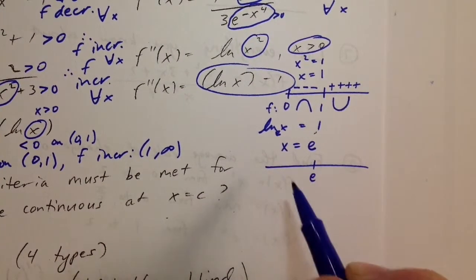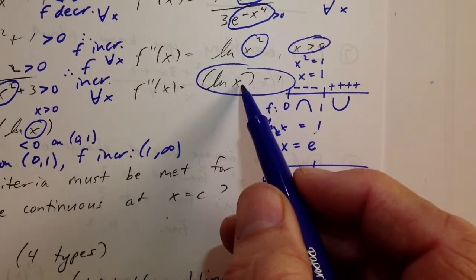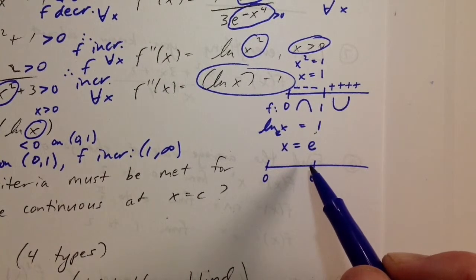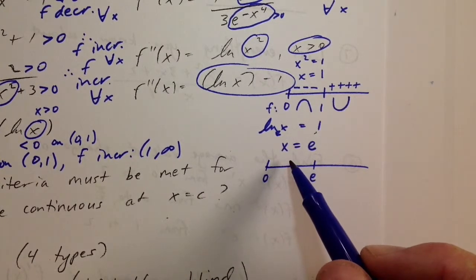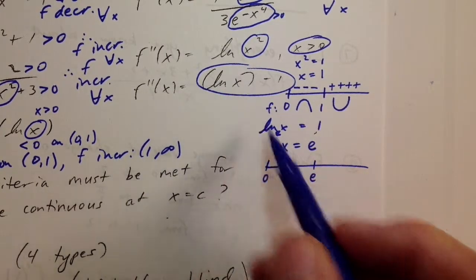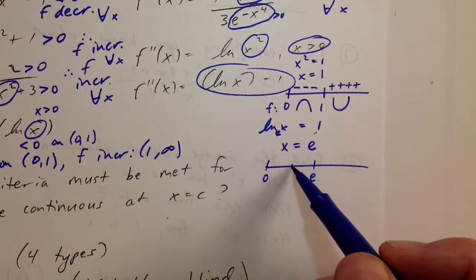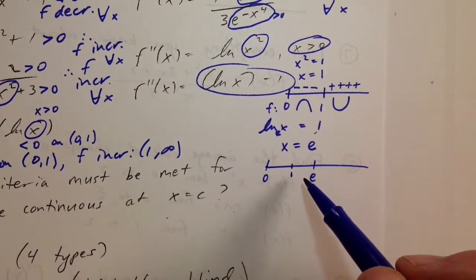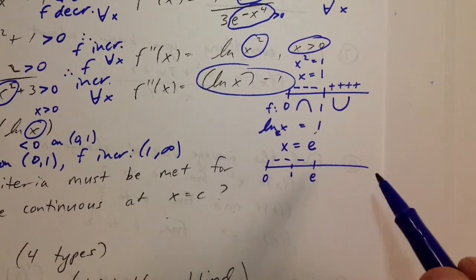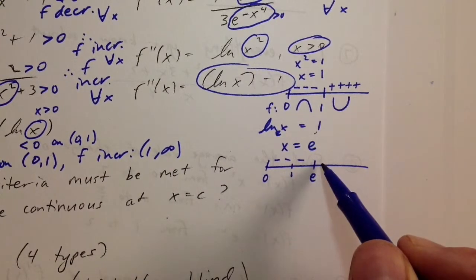If I put an e there, x has to be greater than 0 if you look back at the second derivative here. So in between 0 and e, I get a number that is less than 1. And so if I replace, let's say, x with 1, because that's between 0 and e, if I use 1 as my test point, test value, that's a 0 minus 1. That means the second derivative is going to be negative on the interval from 0 to e.